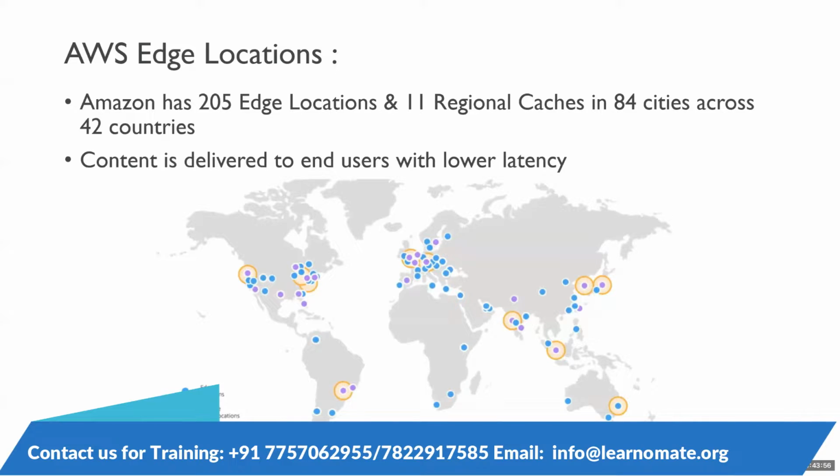There will be different endpoints. So whenever you try to access something, it goes to the edge location where it is caching the information, and then it gets that information to you instead of directly going to the data center and getting that. So in between you have these edge locations to maintain the latency, as I said.